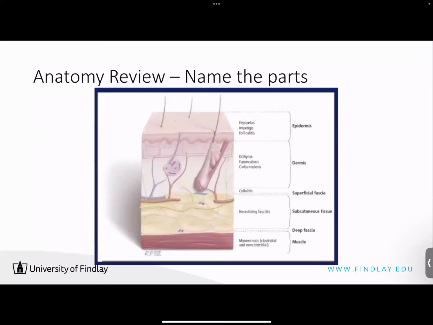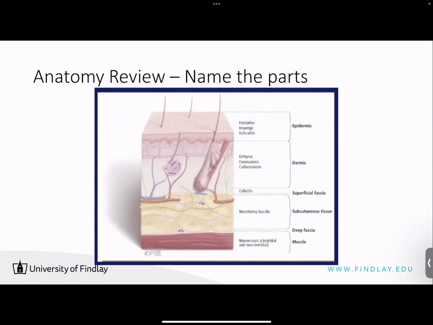And then when we talk about the skin, if you were to take a section of skin and divide it up in certain parts, you're going to start to realize that certain infections occupy a particular anatomical space.